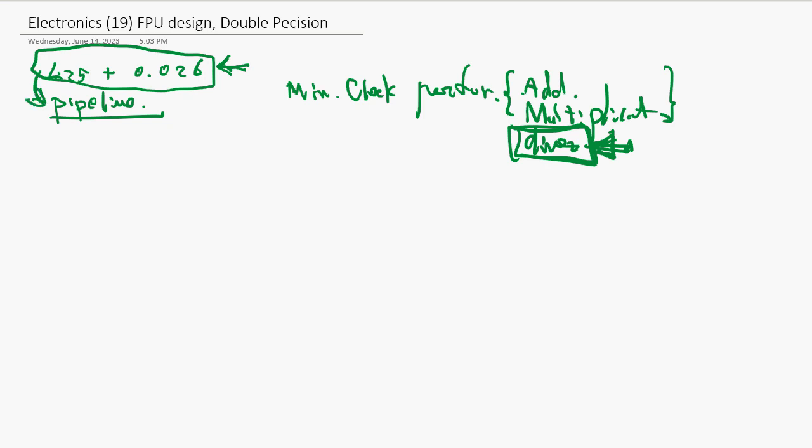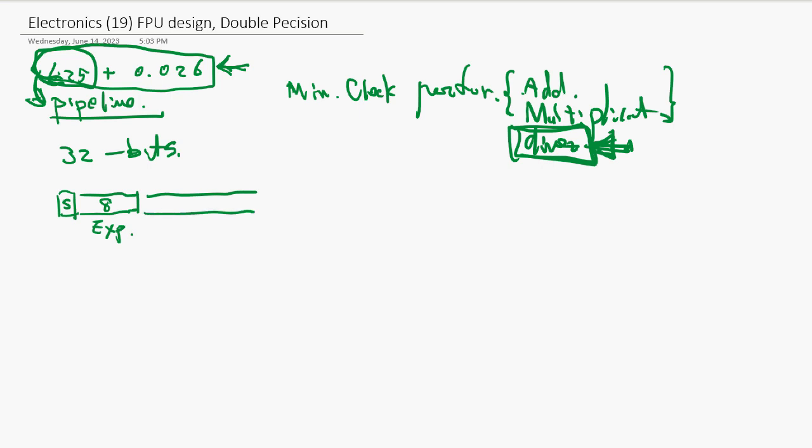Okay, so how do you represent this kind of number in, say, 32-bit memory? There is an IEEE standard format, and the format says you have a sign bit, and in 32 bits you have 8 bits, and this is the exponent part, and the remaining is the 23-bit number.